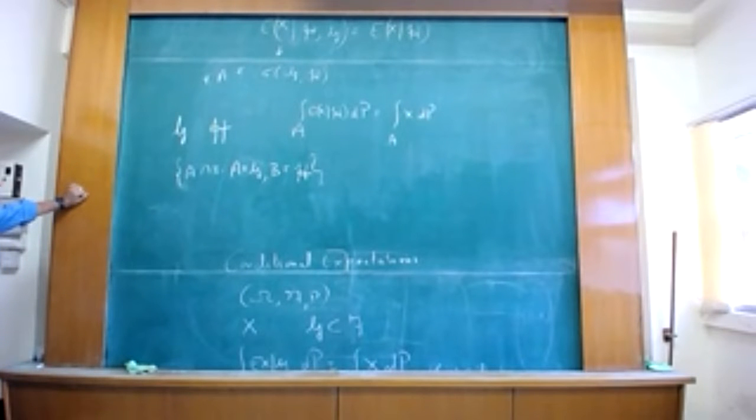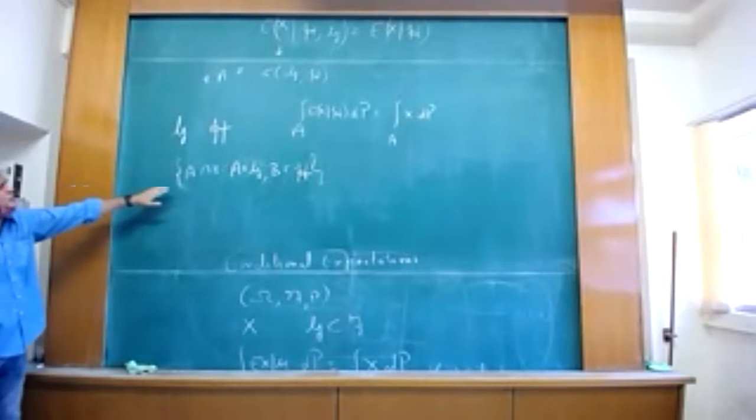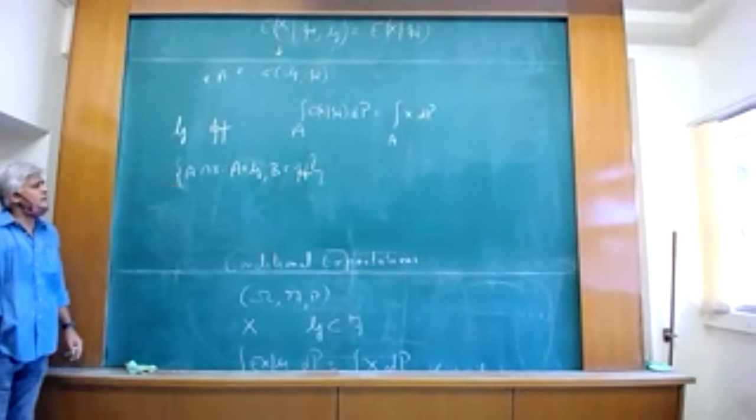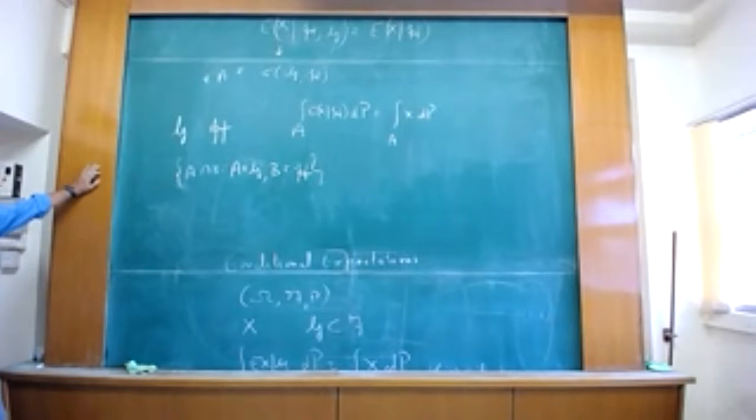Yes, a pi system is closed under intersection. But this collection is not a sigma algebra right now. It is not closed under complement. So I just look at these things. It's a pi system.